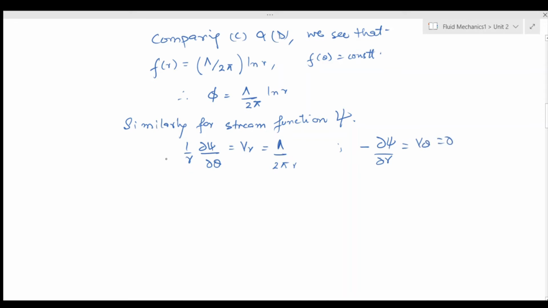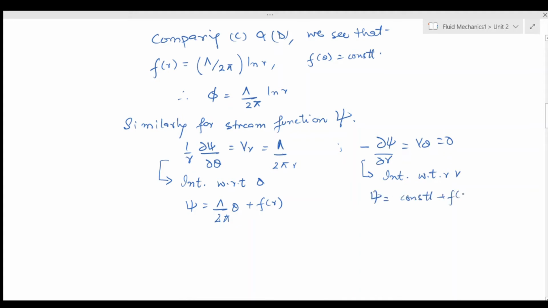Again, you need to integrate this one with respect to theta, and integrate this equation with respect to r, and you would get something like psi equal to lambda by 2 pi theta plus a function of r, and psi equal to a constant plus a function of theta.